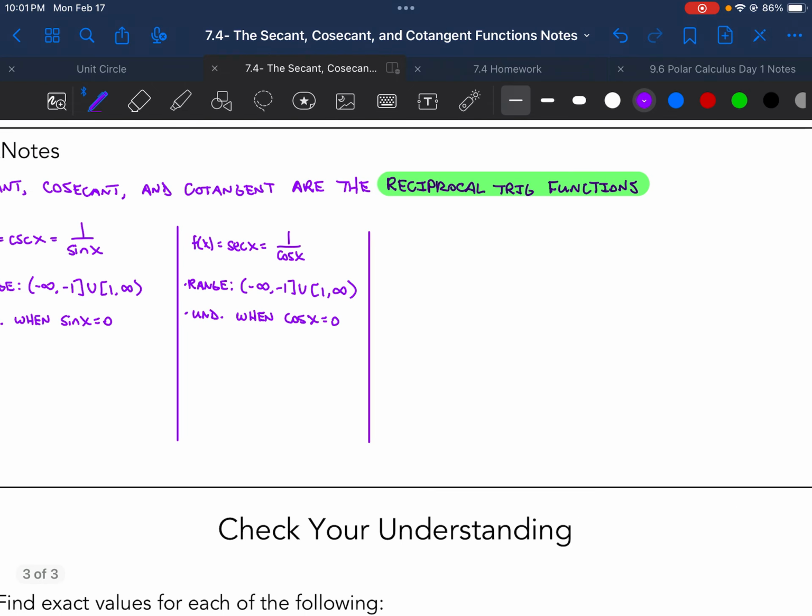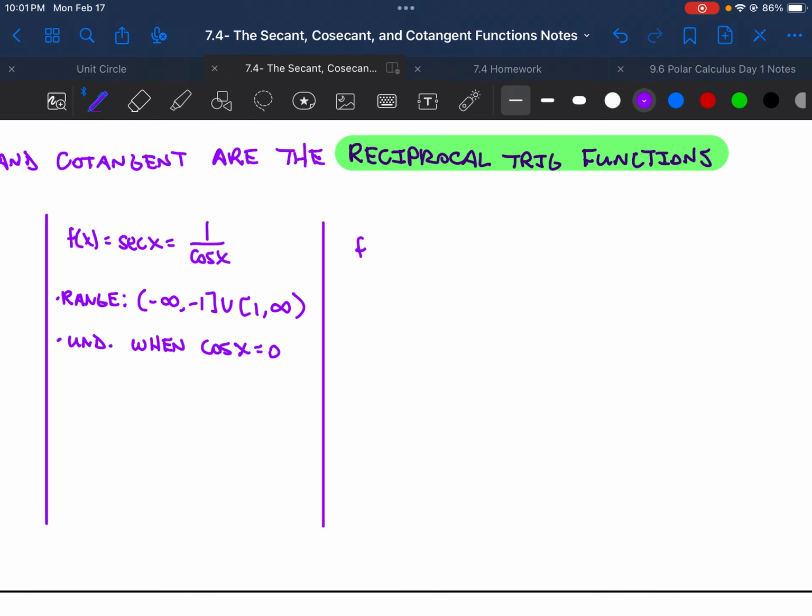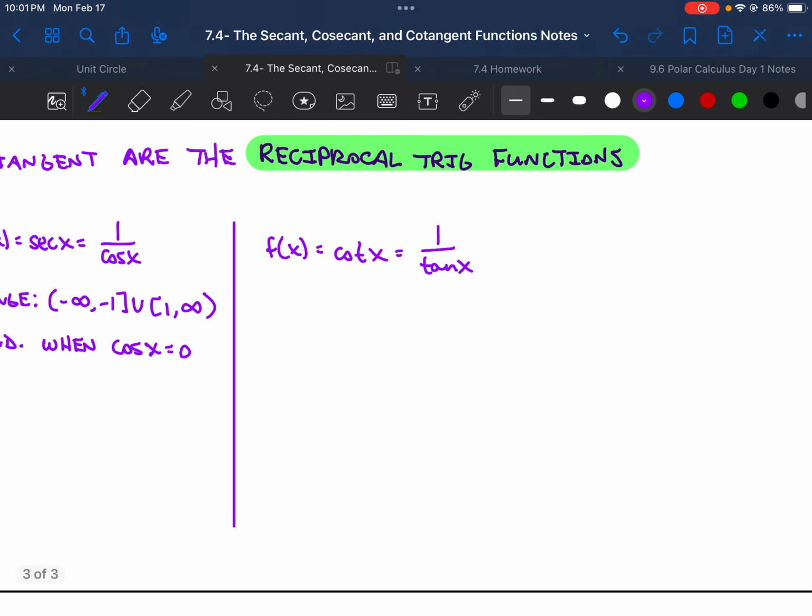Right? And then our third reciprocal trig function, cotangent, which is the same thing as 1 over tangent of x. Or alternatively, we can say cotangent of x is cosine of x over sine of x.